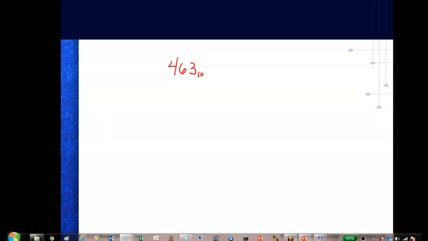Let's say I have a decimal number, 463. Okay, this is base 10. Y'all convert that to binary for me. Well, we're going binary. We'll go hex in a minute.